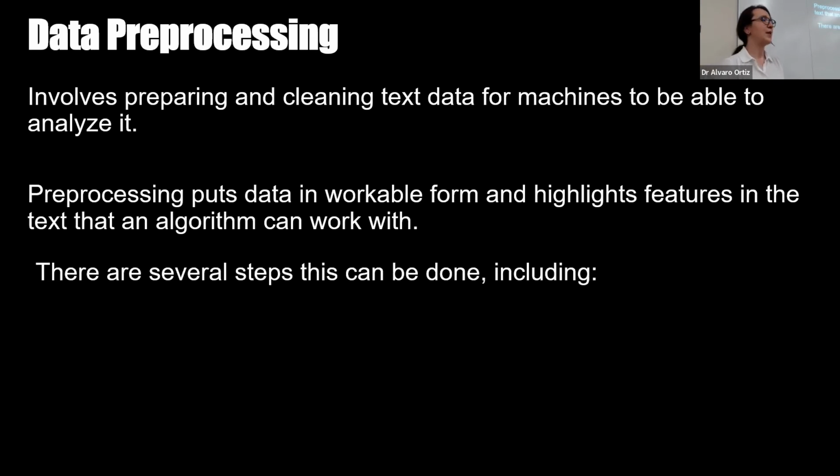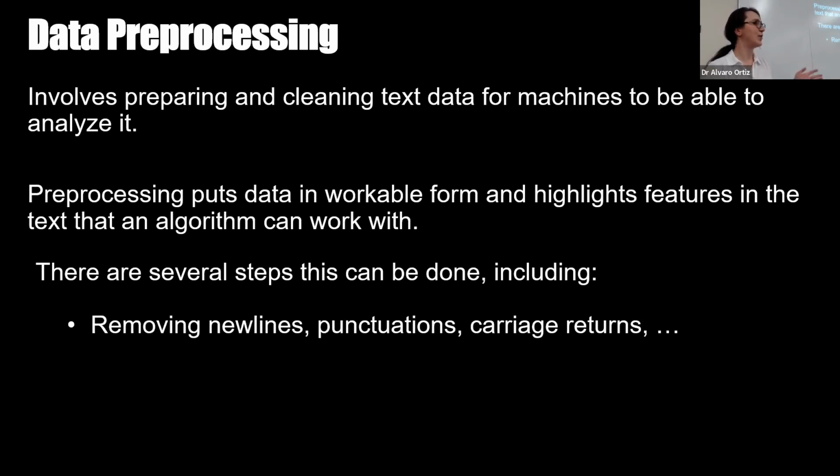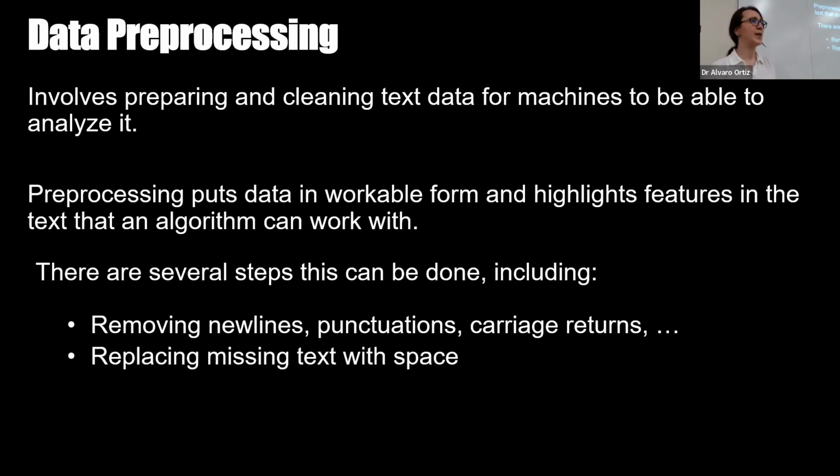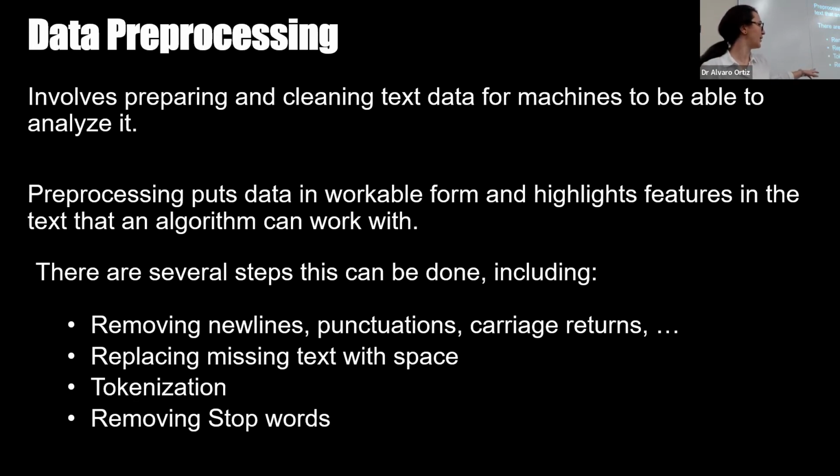There are a lot of steps that can be done, and I have the most important ones as bullet points. For example, removing new lines in the text data, punctuation, carriage returns, replacing missing data with spaces, then tokenization, which I am going to talk about. The next step is removing stop words, which I will also talk about, and text normalization. All of these are called pre-processing the data.